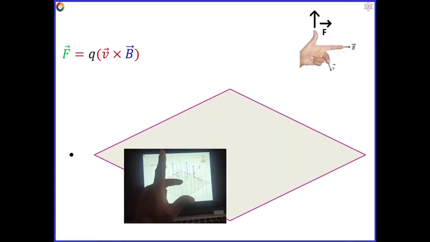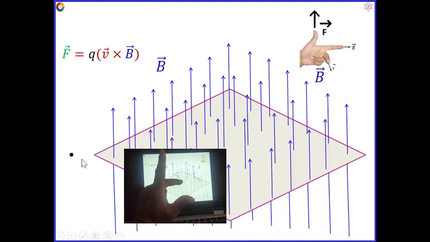Now you can see what I explained: if this is the charge particle, then this is the magnetic field direction and this is the velocity direction, and this will be the force. That is Fleming's left hand rule.